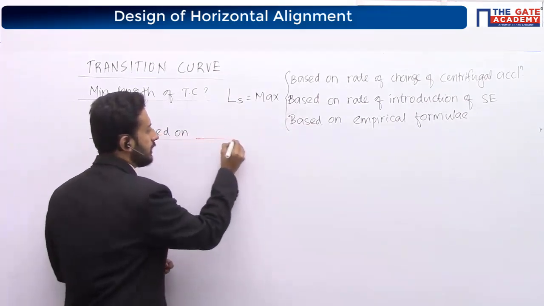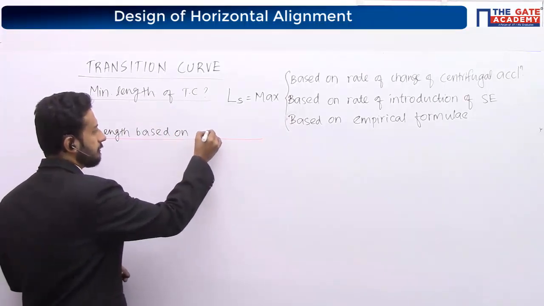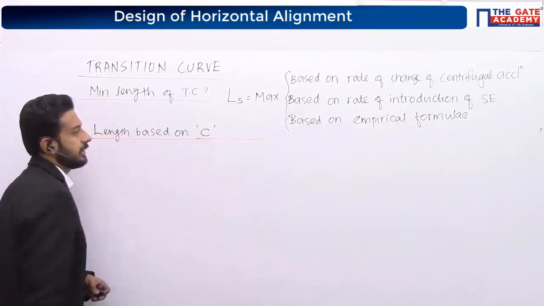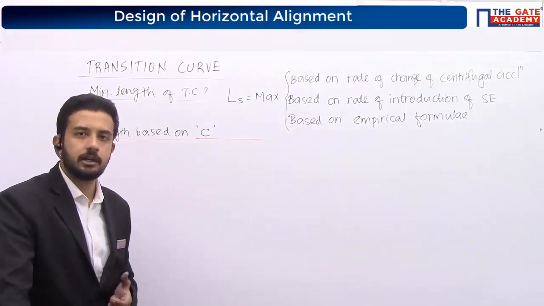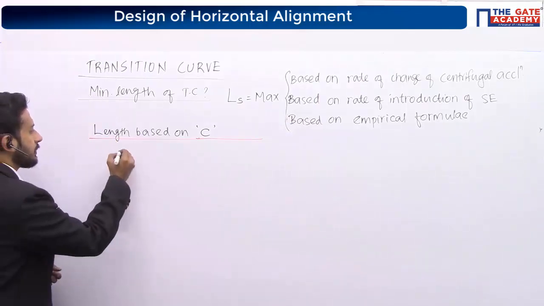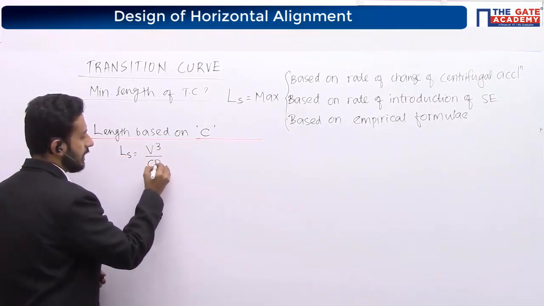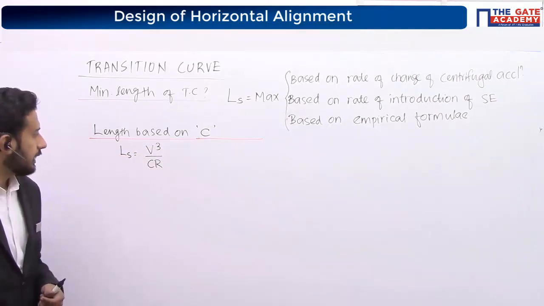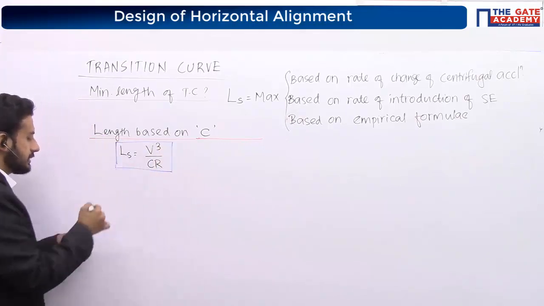There is a letter which we use to denote the rate of change of centrifugal acceleration. That is nothing but C. C denotes the rate of change of centrifugal acceleration. So Ls is nothing but V cube divided by CR. Ls is equal to V cube divided by CR.